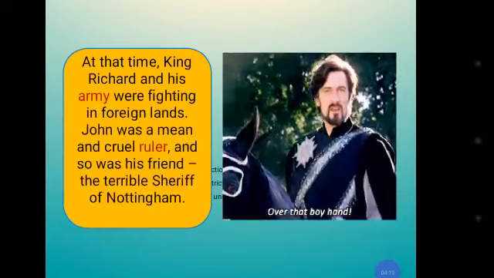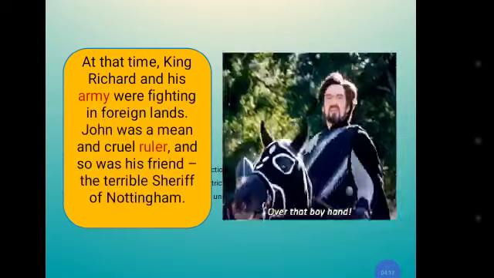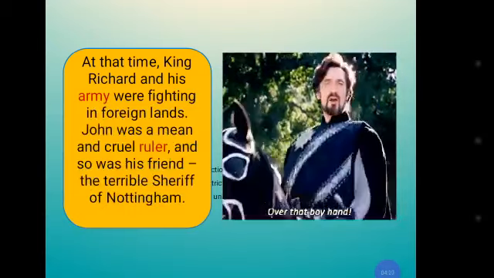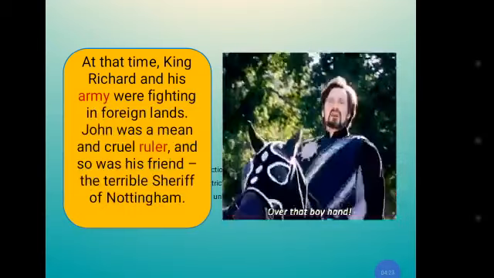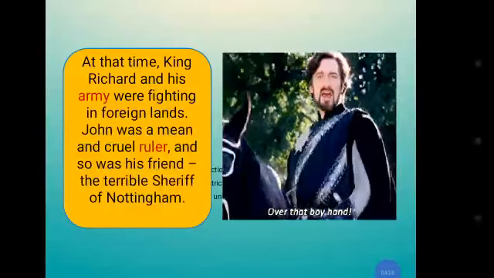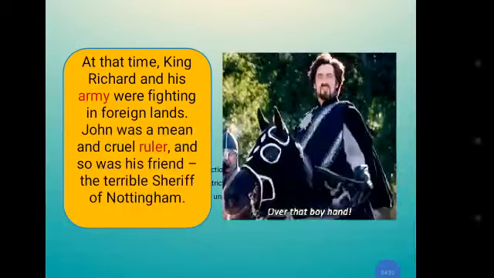At that time, King Richard and his army were fighting in foreign lands. John was a mean and cruel ruler, and so was his friend, the terrible Sheriff of Nottingham.